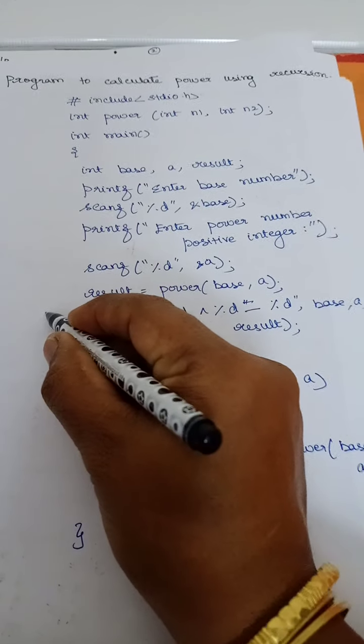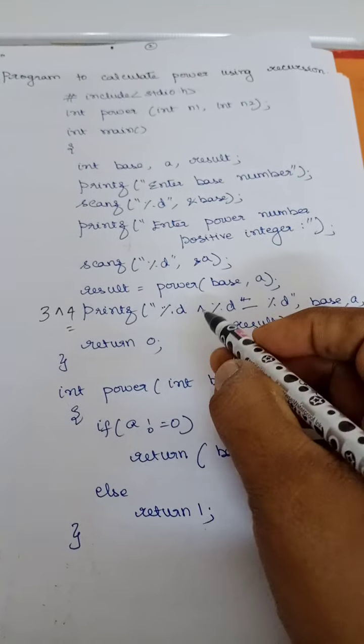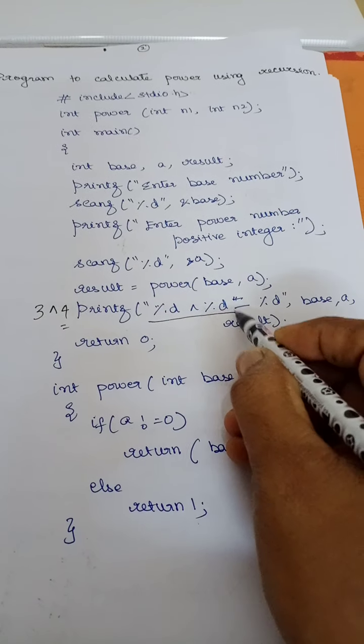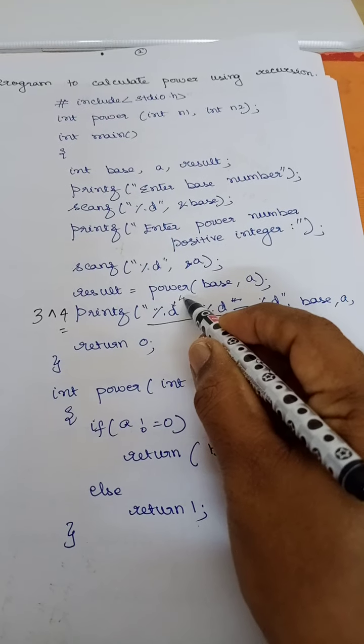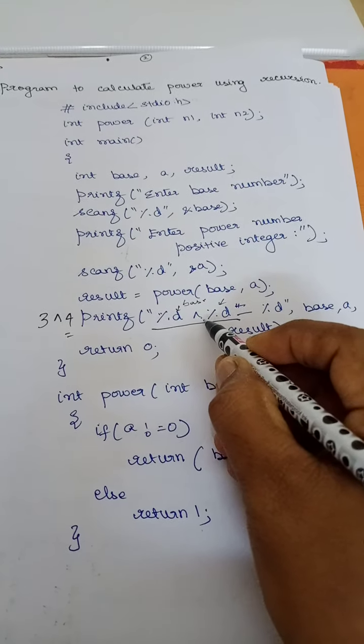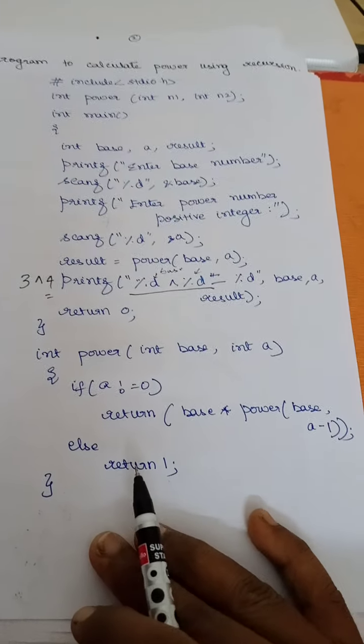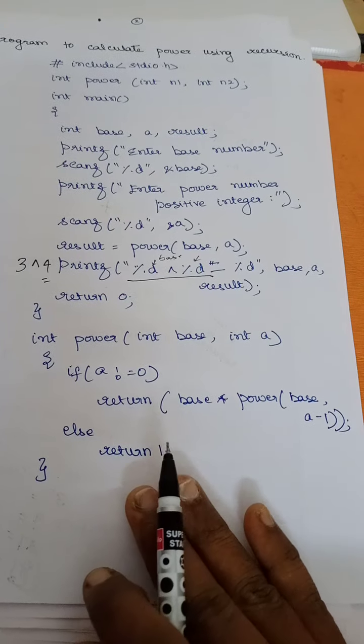It's nothing but, see, I want to print 3 to the power of 4 is equal to. So for that we have used this. This is for printing base and this is for printing power, and this symbol to represent power, right? So return 0. Right. Now we'll see how we can do the same thing using recursion.